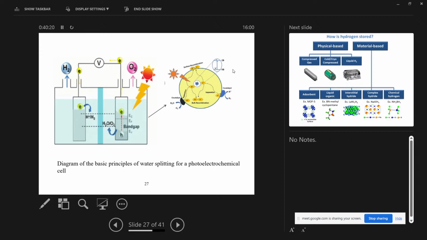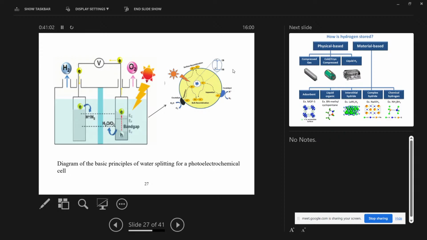We continue. This is a schematic diagram of how hydrogen is evolved in these conditions. If you see the right hand side figure, when sunlight impinges on the surface of any semiconductor metal, it excites the semiconductor and produces electrons and holes. These electrons and holes must be separated so that the reaction will be positive, and there should not be recombination.